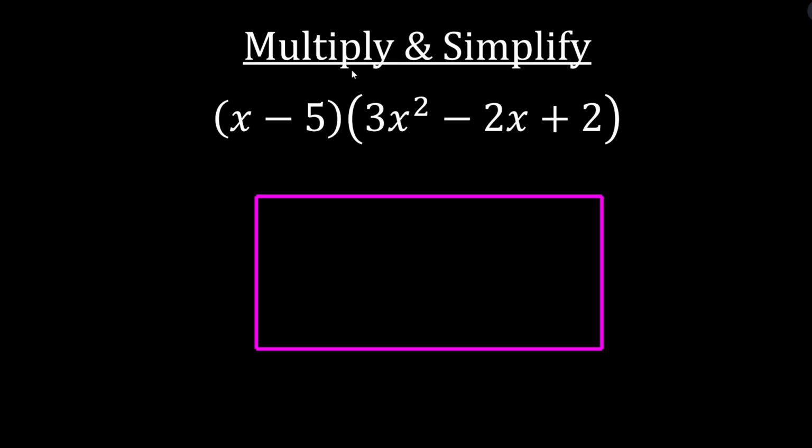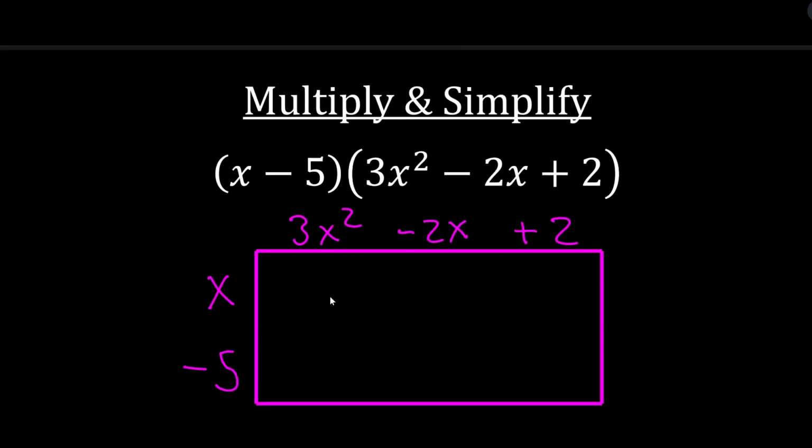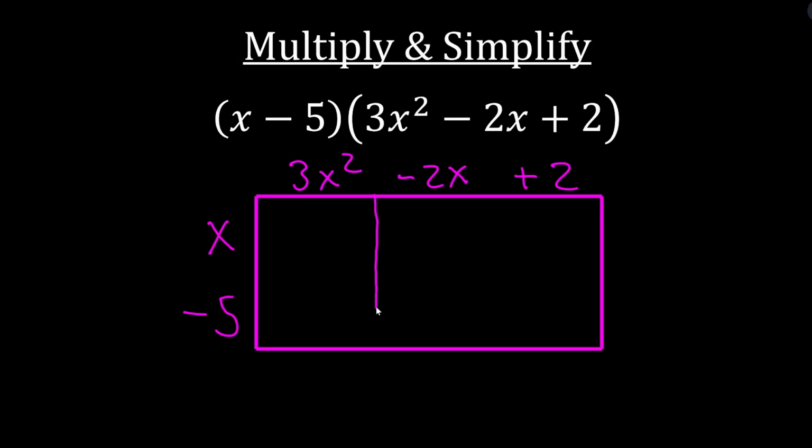So remember, this product is equal to the area of this rectangle, which is x minus 5 by 3x squared minus 2x plus 2. The only difference now is instead of having these four sub-rectangles, we're going to end up having 6. We want to break this up by term, right?